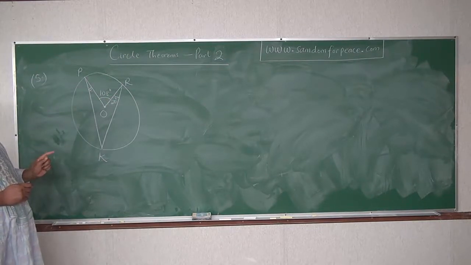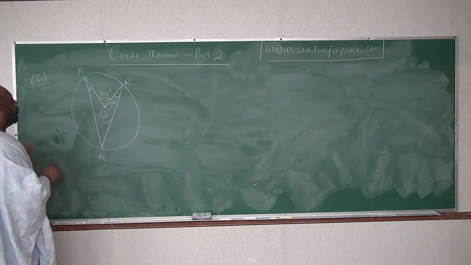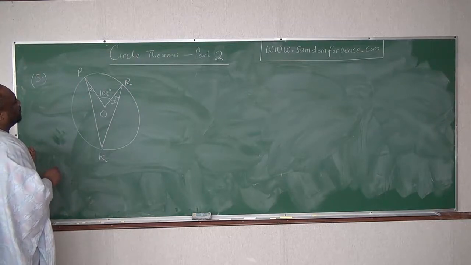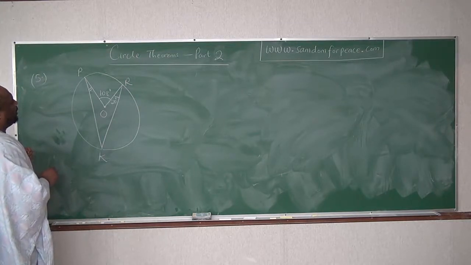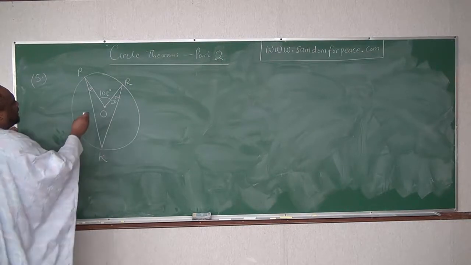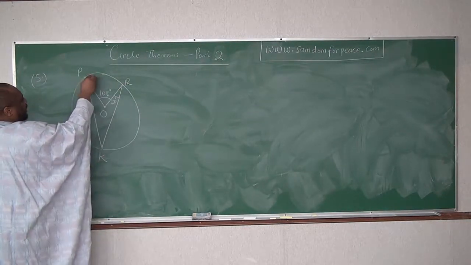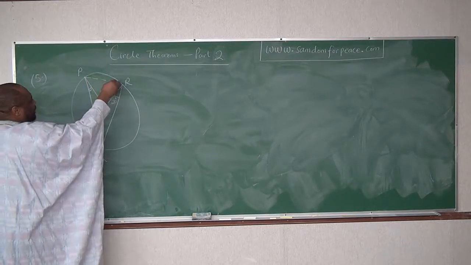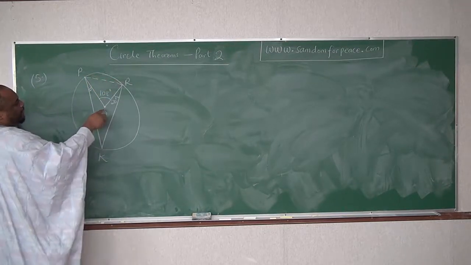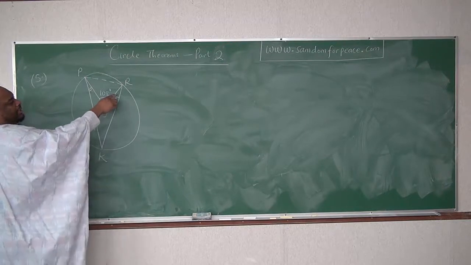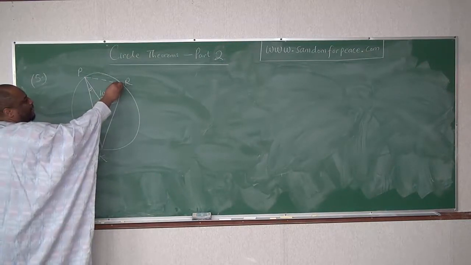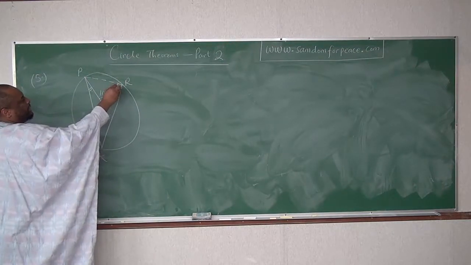So what we could do is this. Let's complete this like a triangle. Because this is a radius, this is a radius, this angle here is equal to this angle.